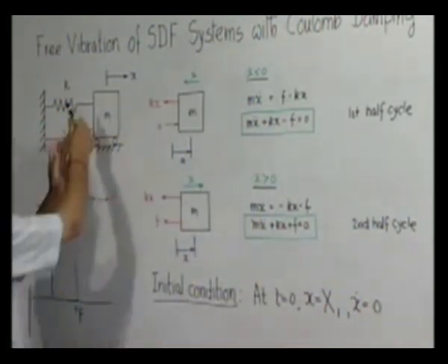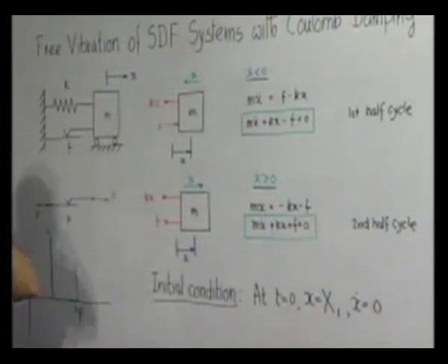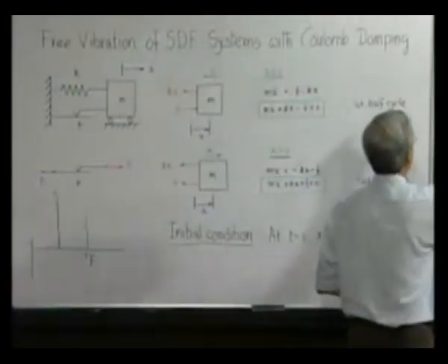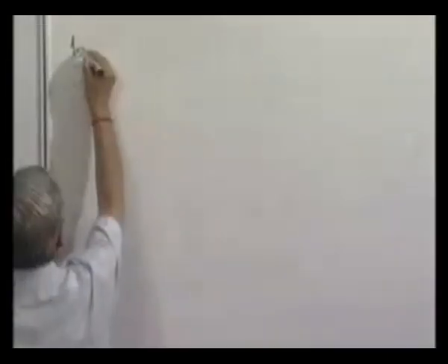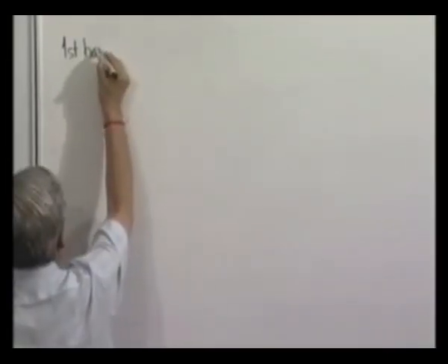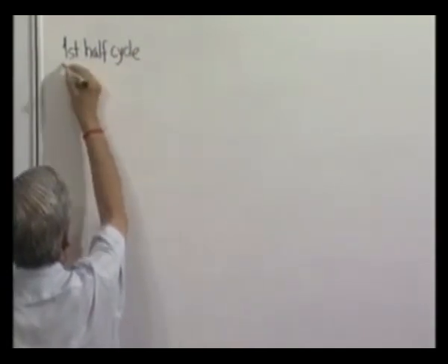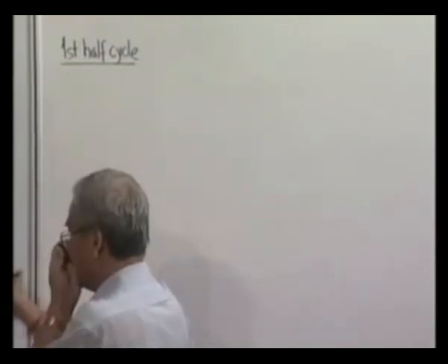So, it is one extreme position here. If we now leave it, what will be the solution for the first half cycle? What is the equation of motion?